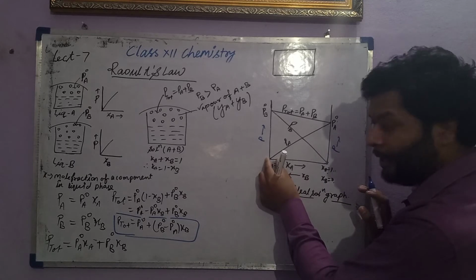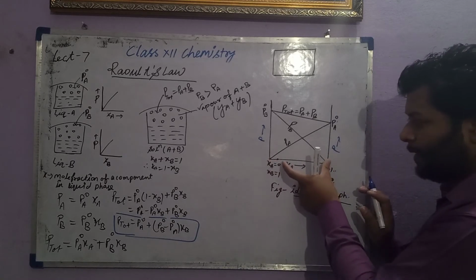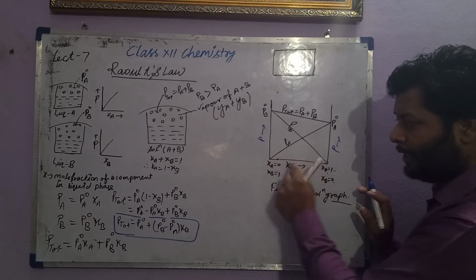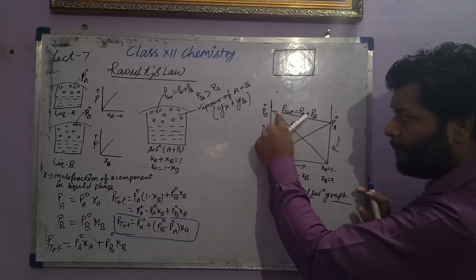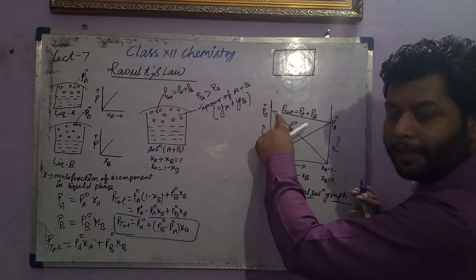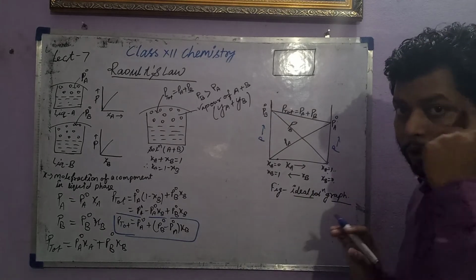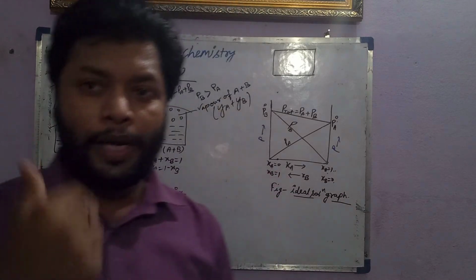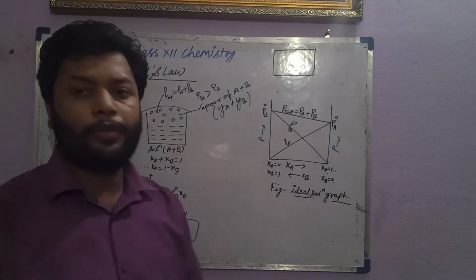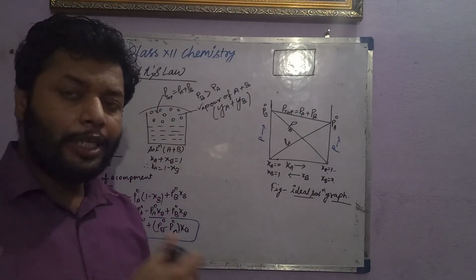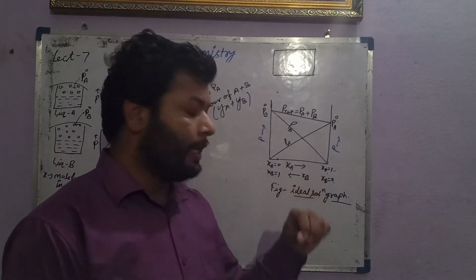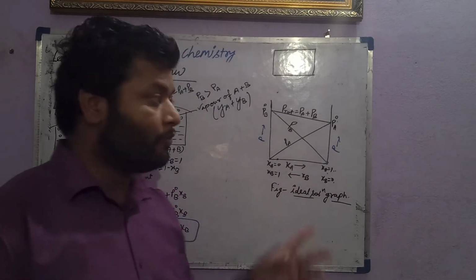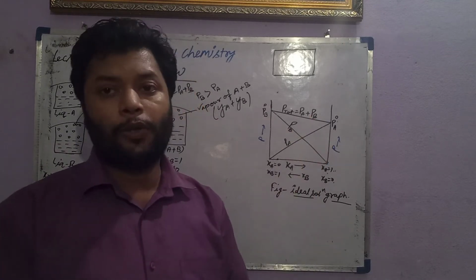So XA is very low and XB is very high, meaning the contribution of B is very high. That's why the vapor pressure of the solution will be very high. So the contribution of components can be calculated on the basis of the graph. At any point you can calculate the contribution of the mole fraction of the components and what the vapor pressure of the solution will be.